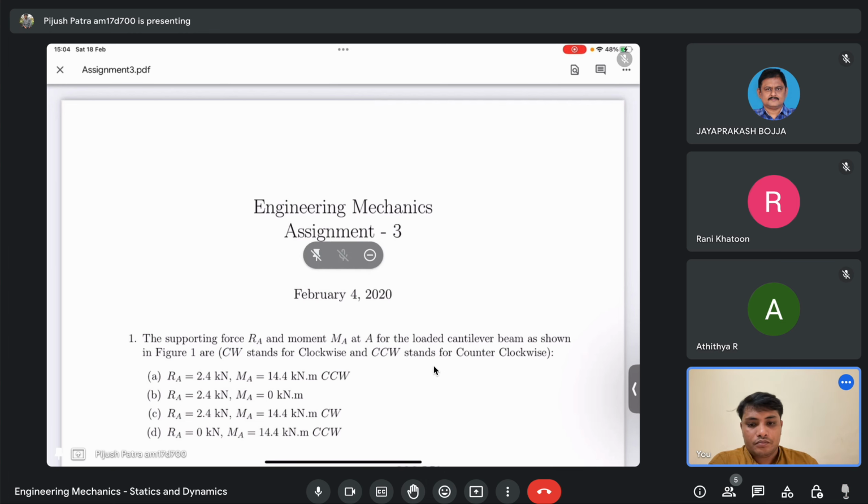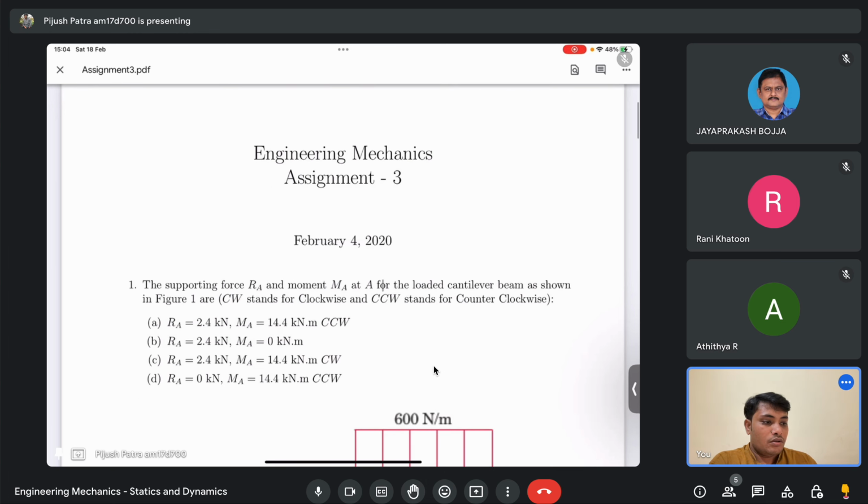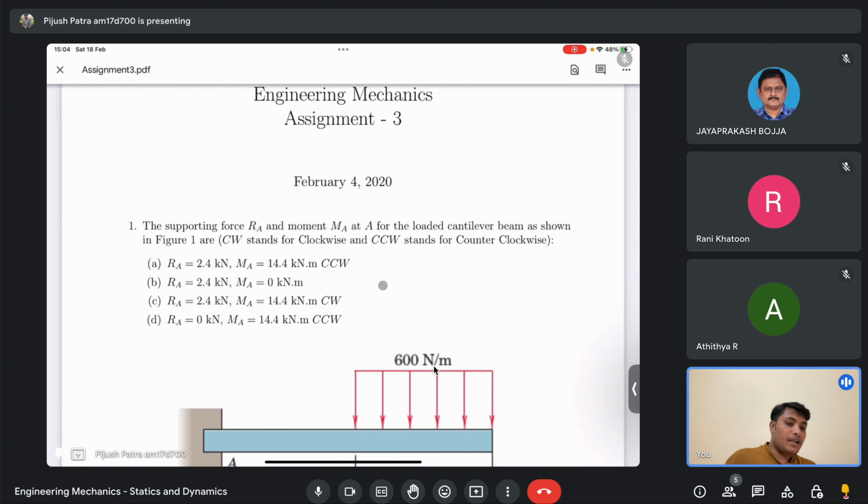So in problem 1, it's regarding the bending moment and shear stress diagram, and it's again a problem of statics, where you have no motion.